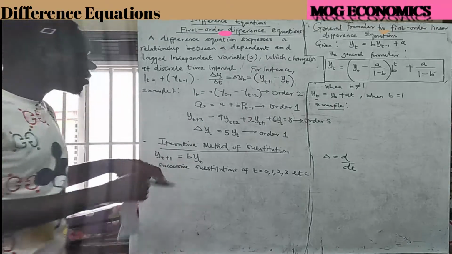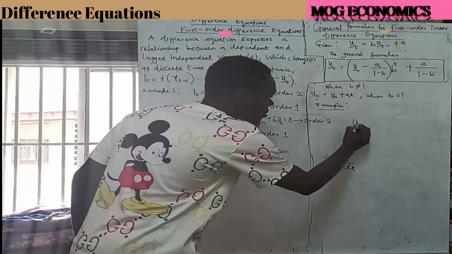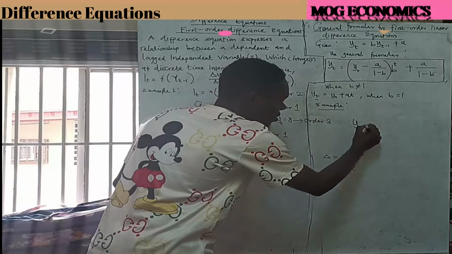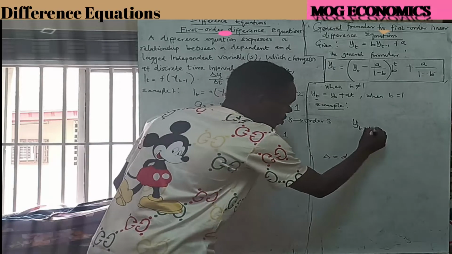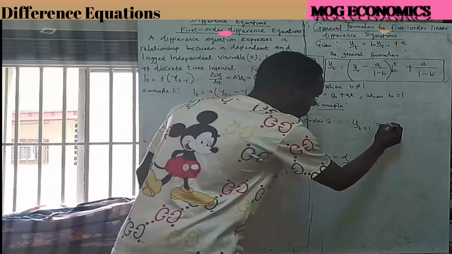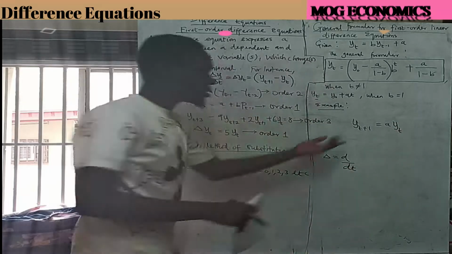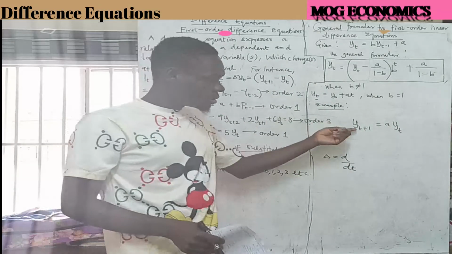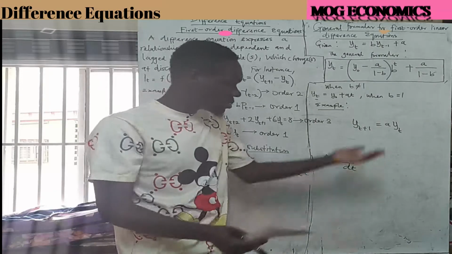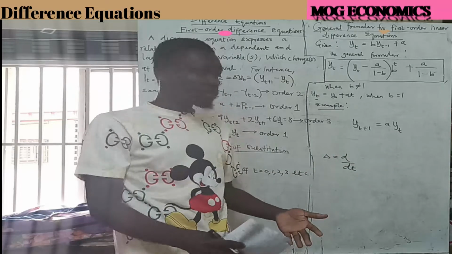There is something I would like us to understand at this point. If we have y t plus 1 expressed as a function of another income level, this says the income level in the future time, one period ahead, will be a function of income at the current time.